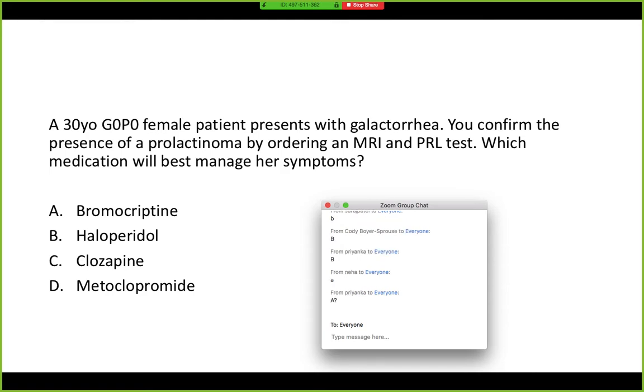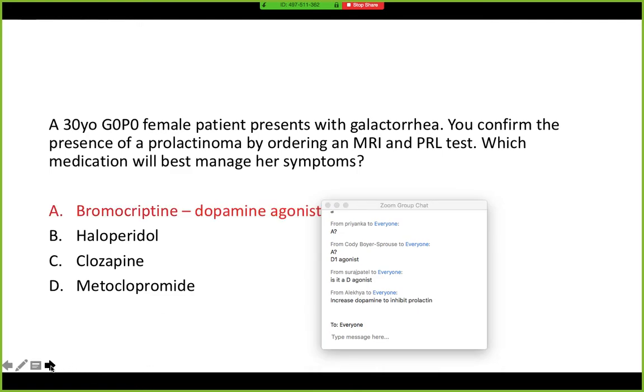So think about, would you want to increase or decrease dopamine? Yeah, so the correct answer here is A, and why is that? Right. So, yep, bromocriptine is a dopamine agonist. So it should decrease your levels of prolactin.